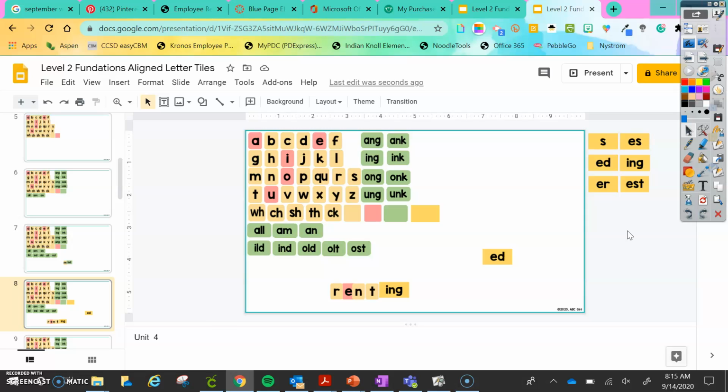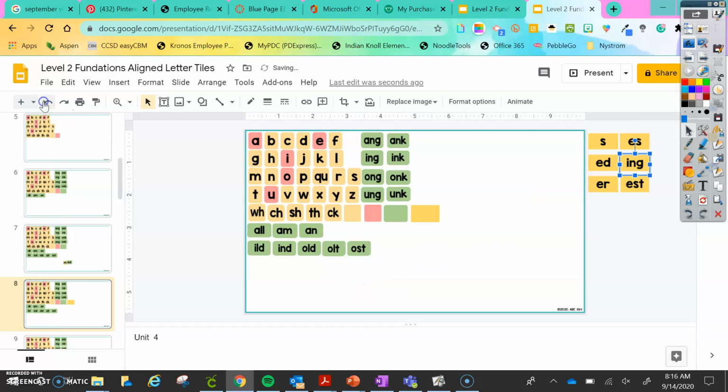Rent, rent, rent, ing. Now, what we are going to do next is take that suffix away, and we are going to add our ed suffix. So let's tap it out again. Ready? Rent, rent, ed, rent, ed. Very good.